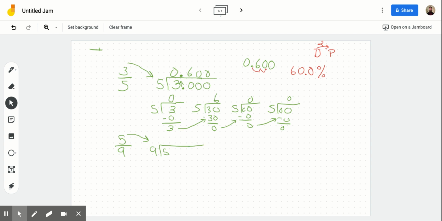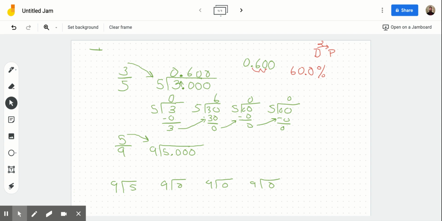What we've got to do now is put our decimal point, add our 3 zeros. Now we can start dividing. And we're going to break that up into our separate division problems: 9 into 5, 9 into 0, 9 into 0, and 9 into 0.